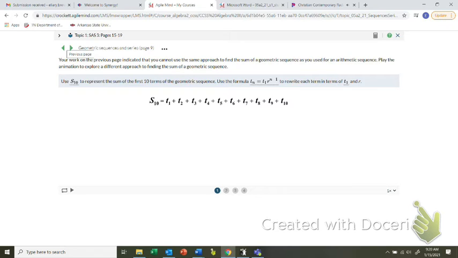So, I'm going to hit this play. And it's going to show me a function rule.